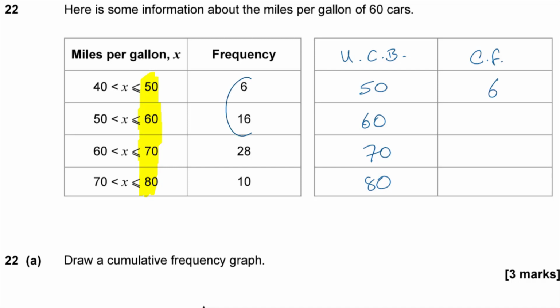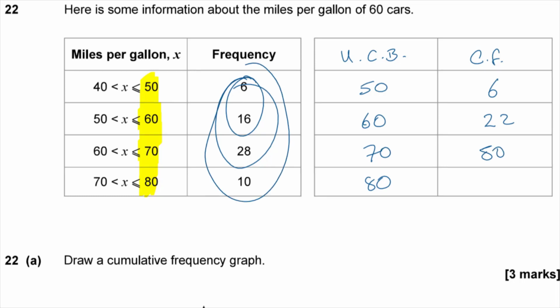My next one is those two added together: 6 and 16 gives me 22. The next one is those three added together, but I already know the first two add to 22, so I just add the 28 to my 22 to get 50. Finally, I add all four together, my 10 to my 50, which gives me 60. It's always a good idea to check that this is the same as the total they give you at the top, because it is an easy mistake to make during a test.